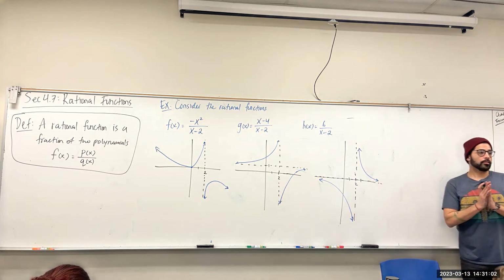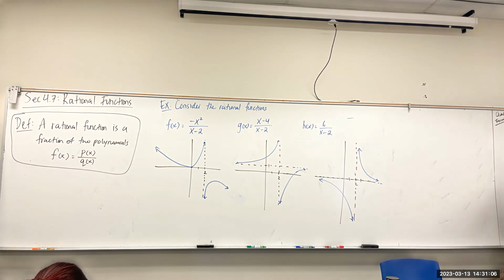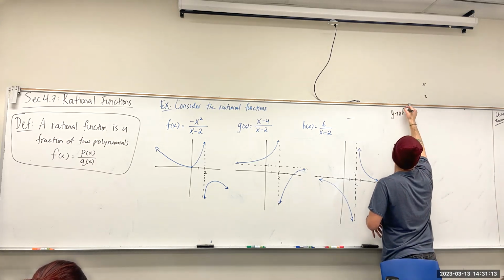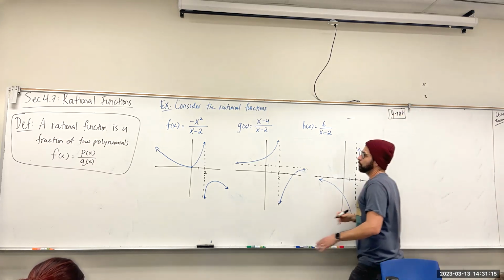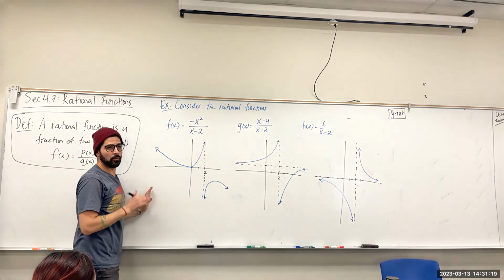So let's start figuring out how to find the things that every function seems to have, which is y-intercepts and x-intercepts. Okay, so let's look at y-intercepts first. How would I find the y-intercept here? What have we been doing to find the y-intercept?